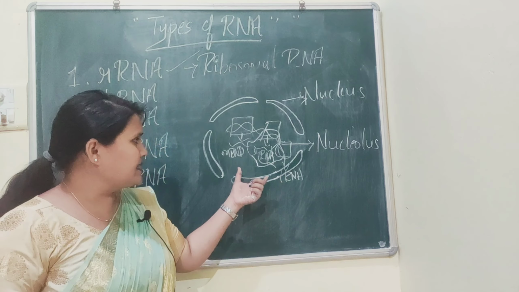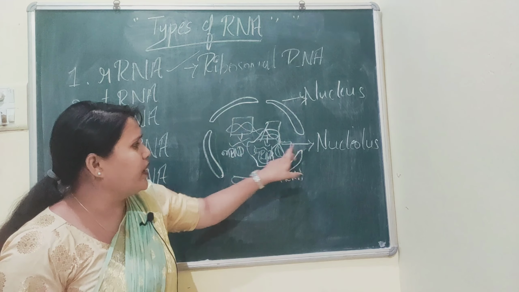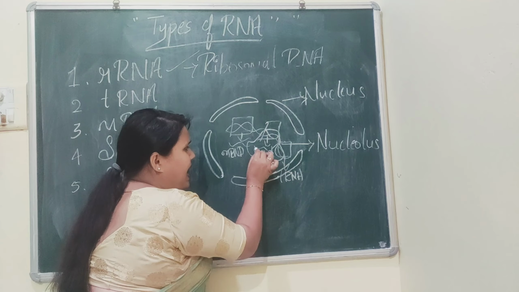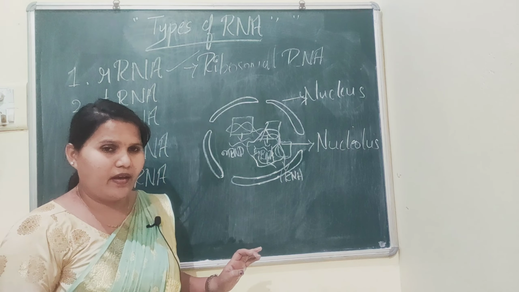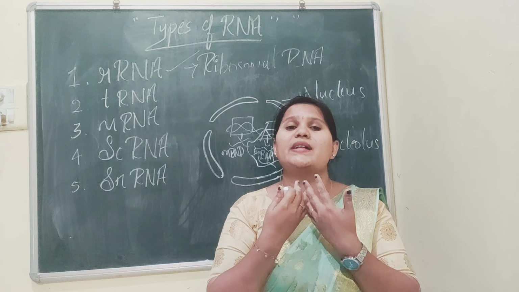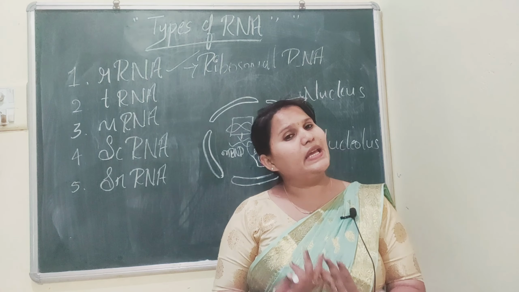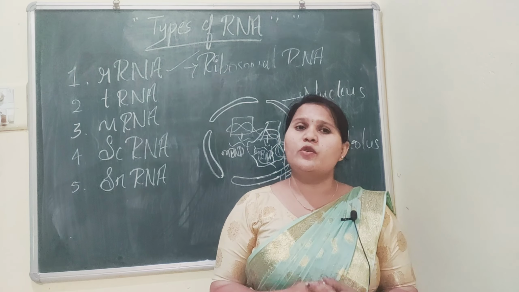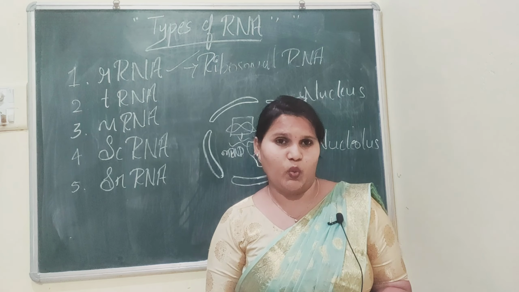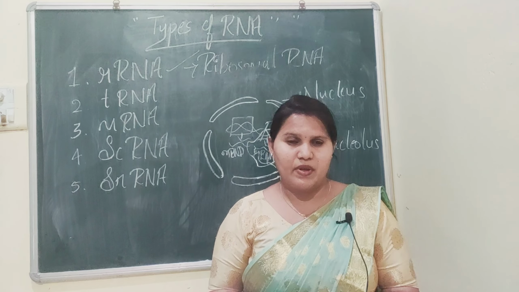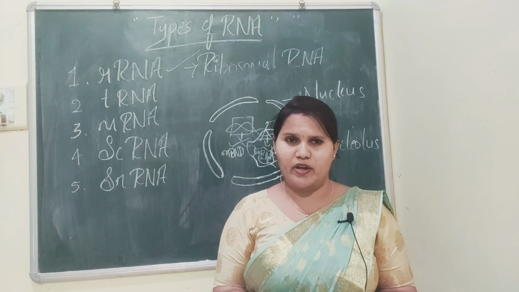Can you notice that in this particular nucleolus I have written rRNA. Clear? So it says that the rRNA is transcribed only in the nucleolus but not in the nucleus. Clear? So if anyone asks you where this particular rRNA is transcribed, you can say that in the nucleolus.